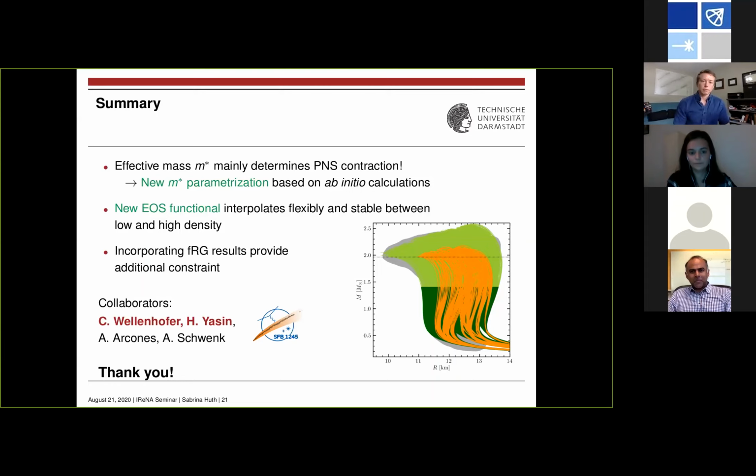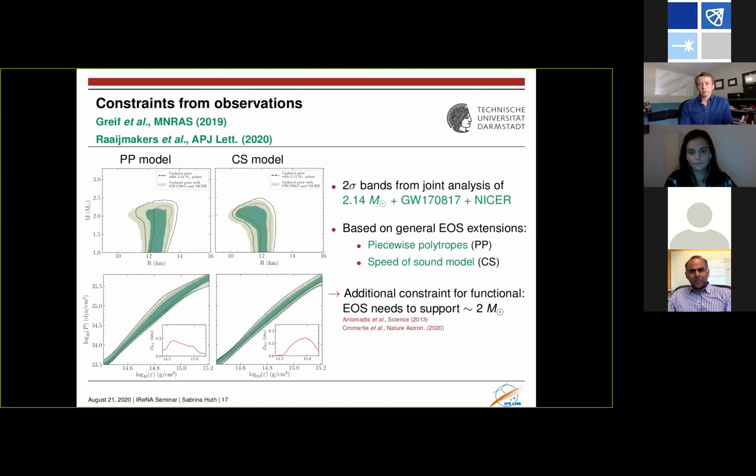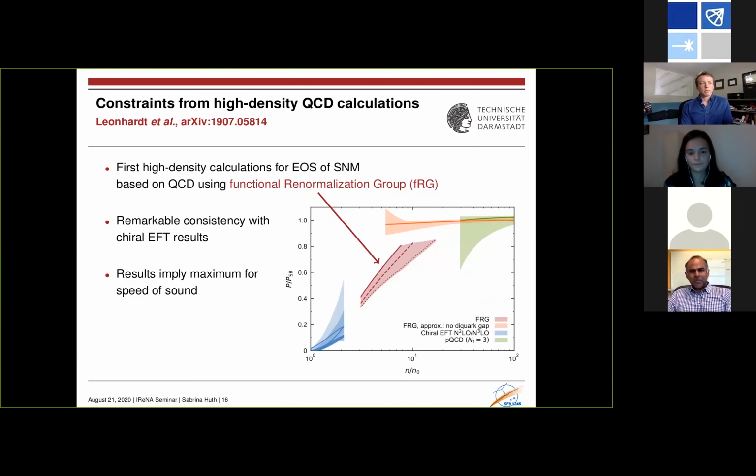While your low density equation of state is informed by chiral EFT, and chiral EFT is in turn informed by a lot of scattering data and a lot of data on nuclear structure, I am wondering, what are the experimental or what are the firm theoretical constraints that would make me believe that FRG is actually giving us really stringent guidance as opposed to being a model?